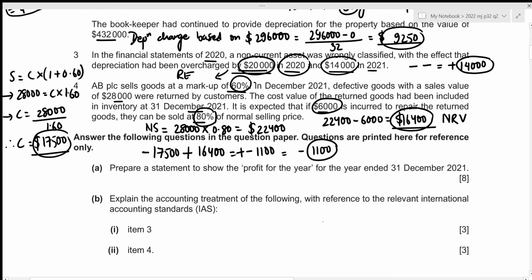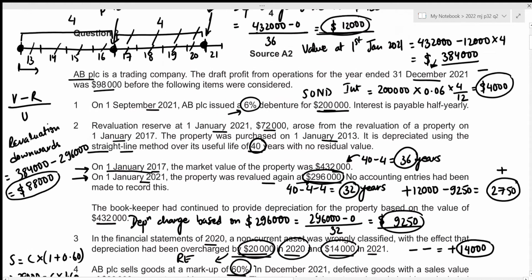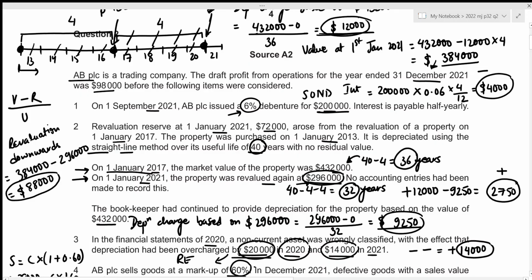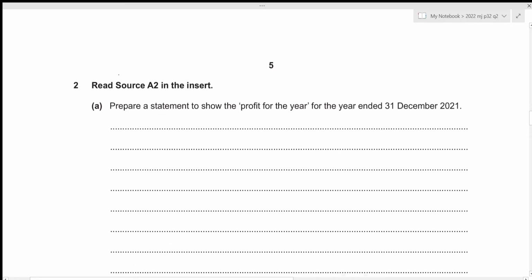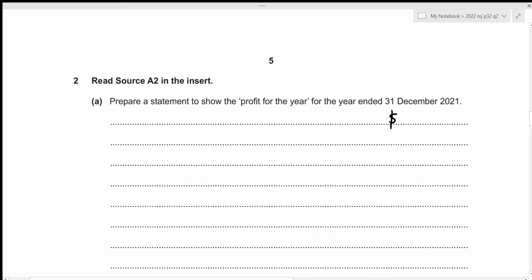Alright, for the first part of this question, we need to prepare a statement to show the profit for the year ended 31st December 2021. Let's do that. We will start with our given draft profit from operations of 98,000.